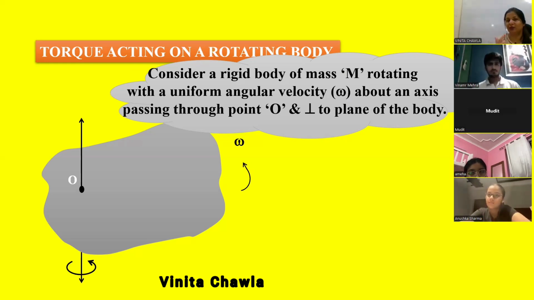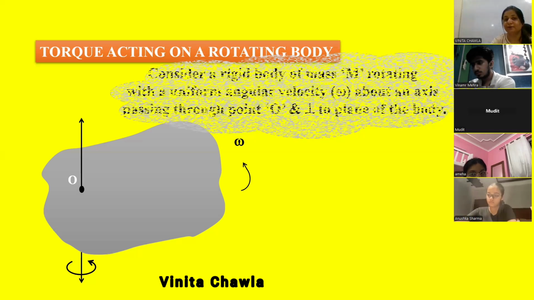So this body, we have a rigid body, right? Rigid body means it has a definite shape, definite size, interparticle distance remains same, right? Fixed. तो इसको हम रोटेट कर रहे हैं with angular velocity omega about this point O. So this arrow, this line represents the axis of rotation.